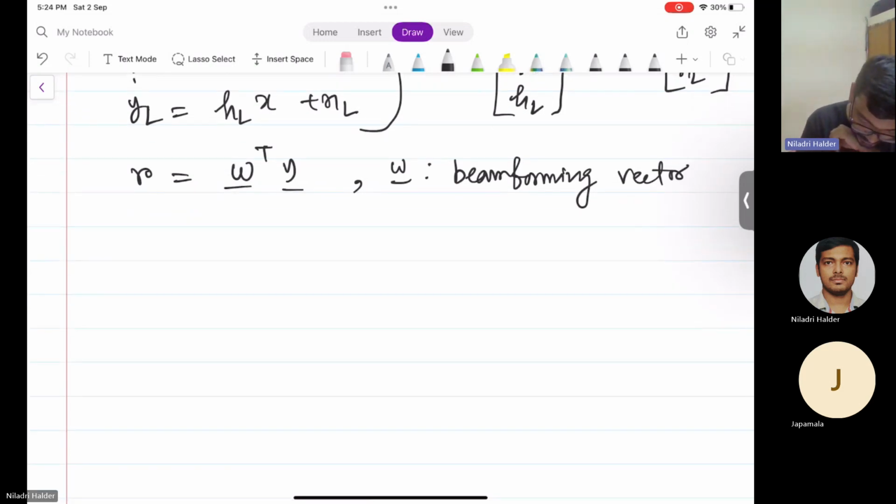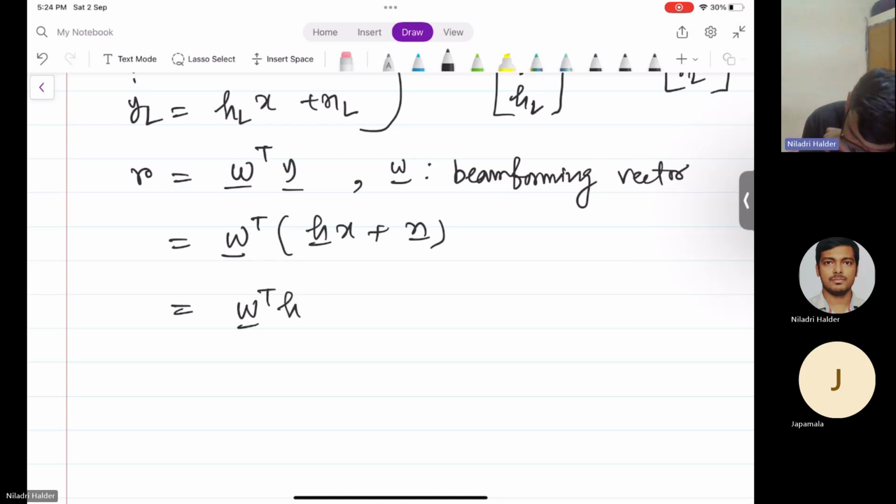So r is a scalar, and ultimately we are getting w transpose y equals w transpose times h x plus n. This is equal to w transpose h x plus w transpose n.